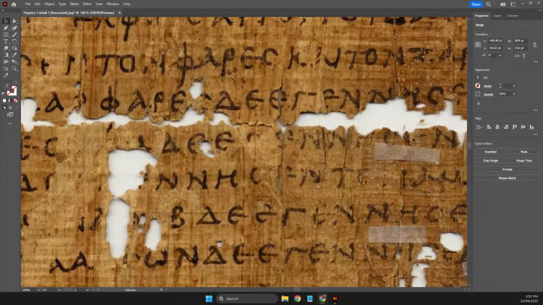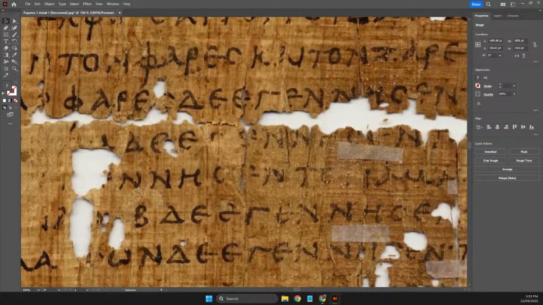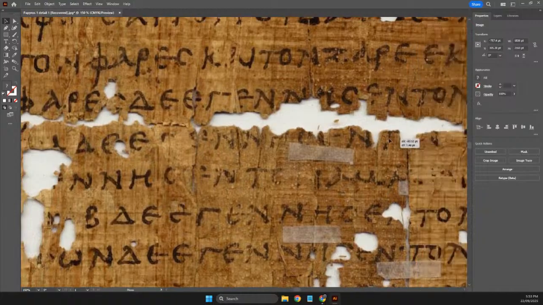Looks like a C, and then another epsilon, and then another nu. So to me, that is just the egenesen, which is exactly the same as what's here. So it says the egenesen with the final nu there. And so this is pretty much exactly the same as there, same as that, and then Egenesen. So it does have the final nu on these.